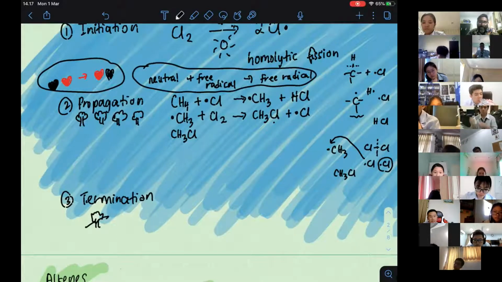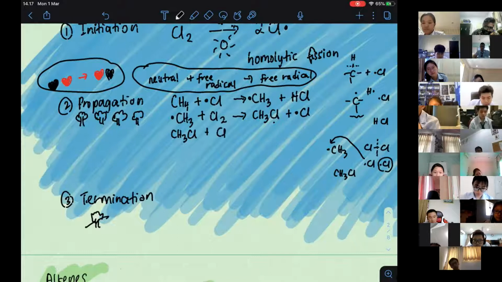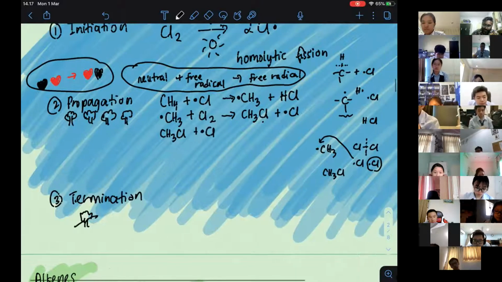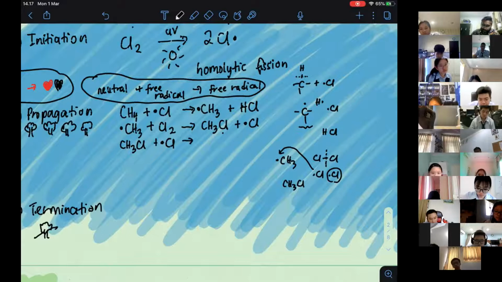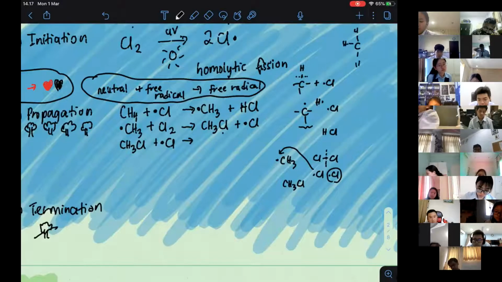Yes. Okay. CH3Cl is neutral. You react with the Cl free radical from the initiation, and you are going to get the H, the bond will break for CH3Cl. I'll draw CH3Cl.